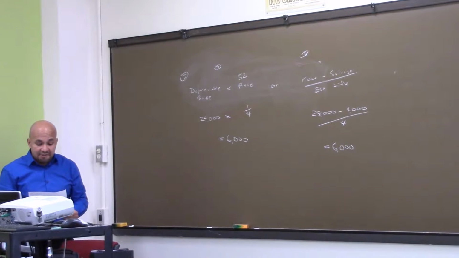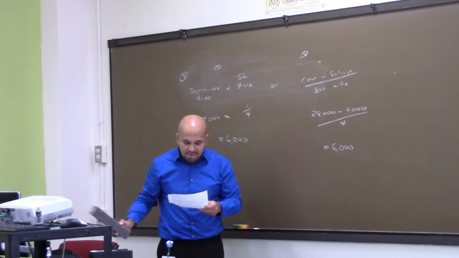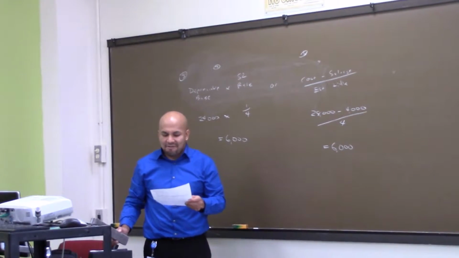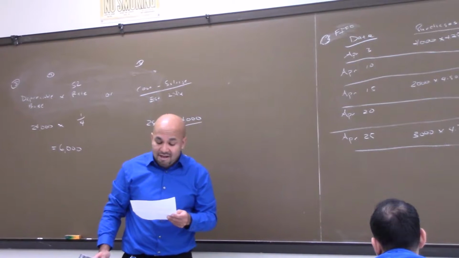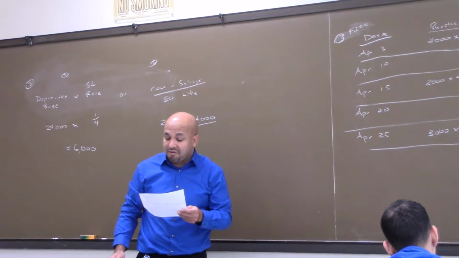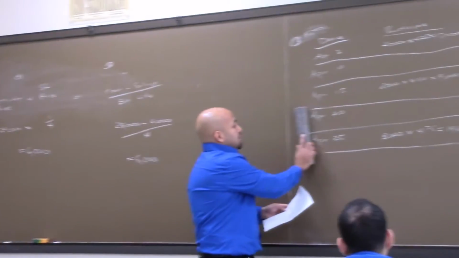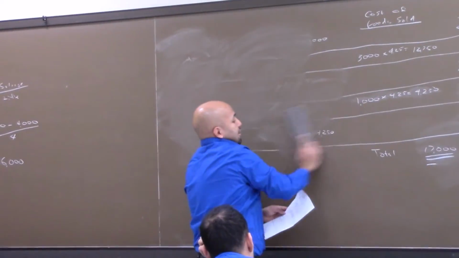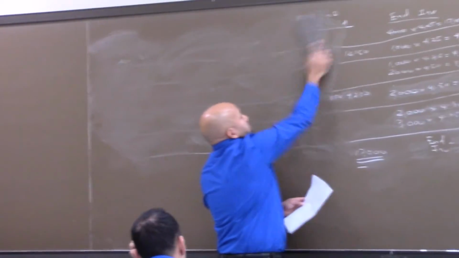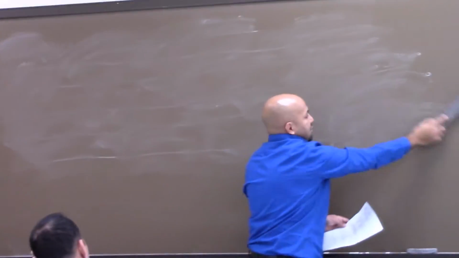For the next problem, number 6, using the facts from number 4, wait, I meant to say number 5. That was a typo. Using the same facts from number 5, determine the depreciation expense for the second year using the double declining balance method. So this involves creating a table, and you've got to keep track of the beginning net book value.